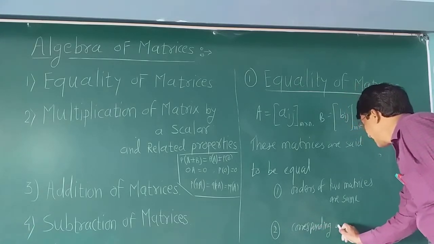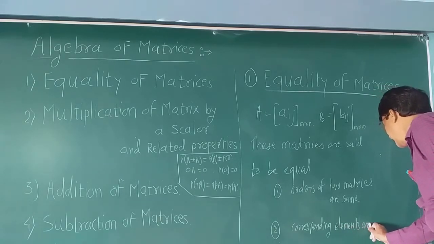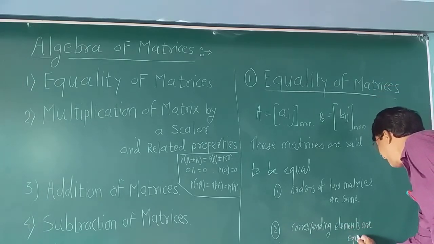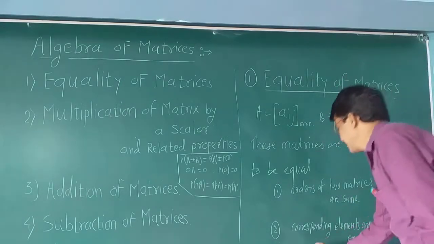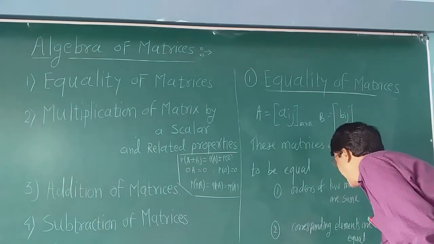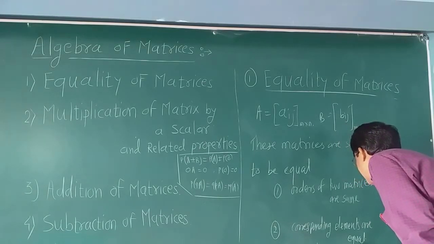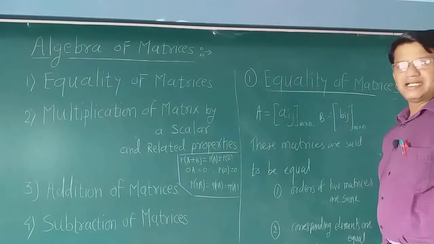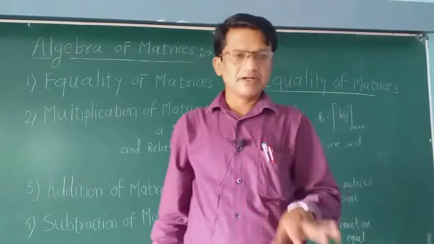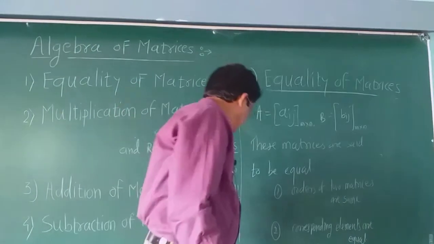That is aij equal to bij for all i and j. Okay, this is about the equality of two matrices.